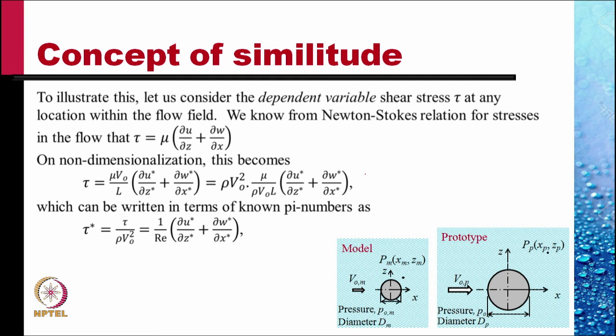On non-dimensionalization, this becomes tau is equal to mu V naught by L into del u star by del z star plus del w star by del x star. Or we can simplify this to say tau star is equal to tau by rho V naught square. This non-dimensionalized shear stress is equal to 1 over Reynolds number into del u star by del z star plus del w star by del x star.